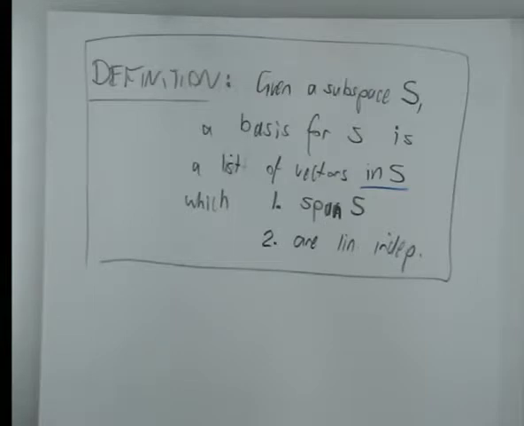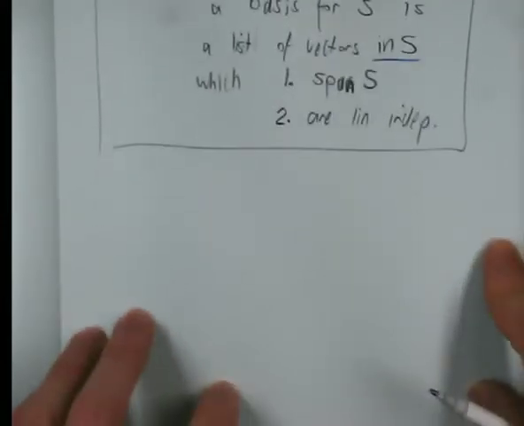Right. So if you are asked to find if a set of vectors is a basis for something, you should first check if they're actually part of the something they're supposed to be a basis for. Okay, so that's the definition.